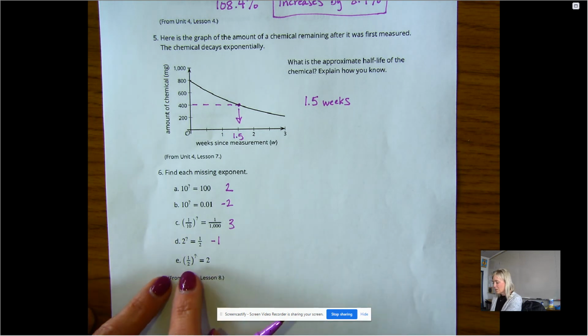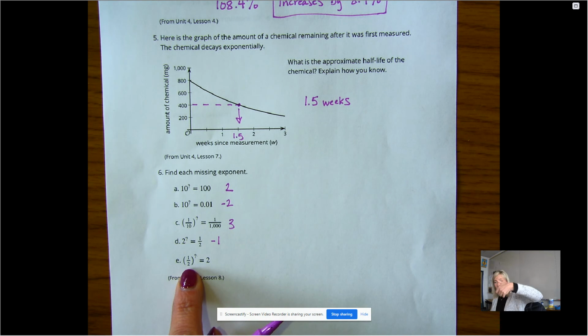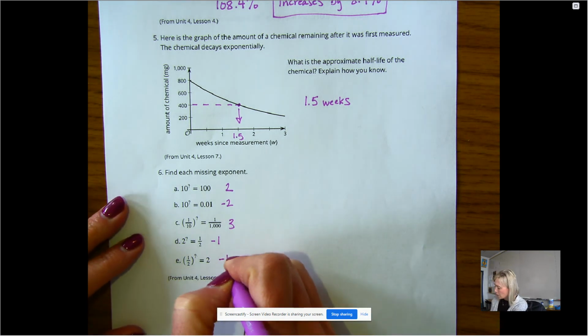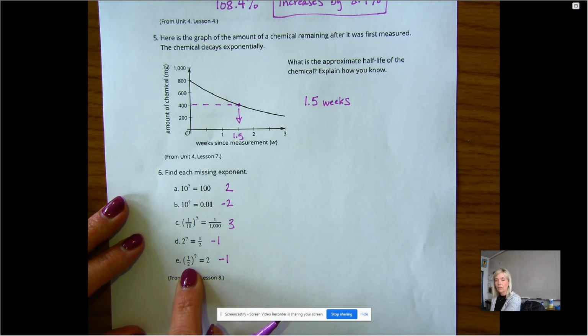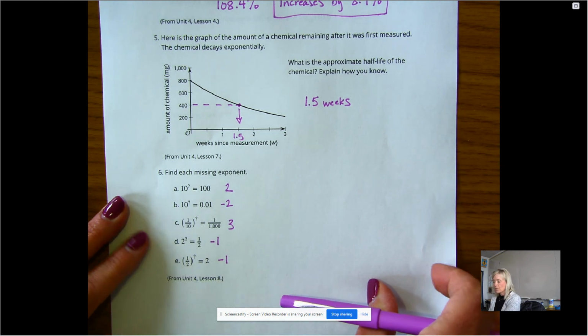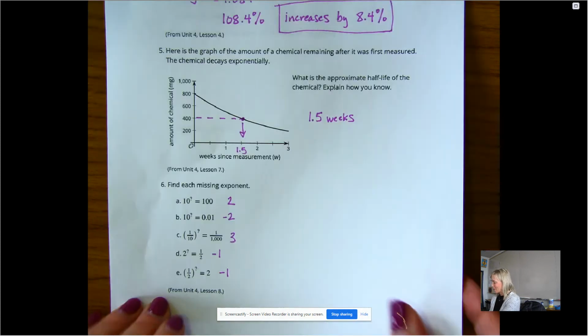And then if we start with the fraction, a negative exponent will go in the other direction. And so this one is also -1. To start with 1/2 and have an answer of 2, the 2 is just going to the other side of the fraction. So just some review of those good old exponent properties.